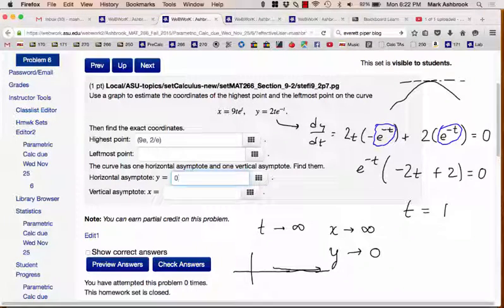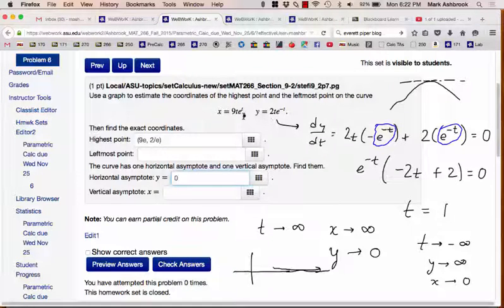And then we try t getting very, very large negative. And when t is very large negative, this now will get very large. y will get really big, and x will go to 0. Right?